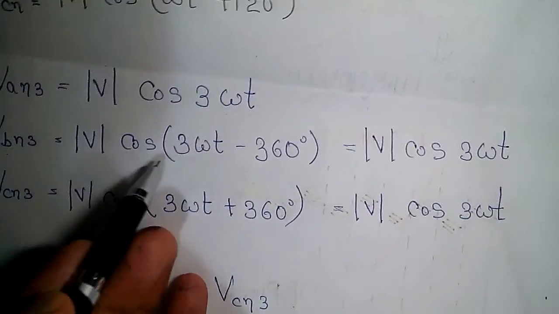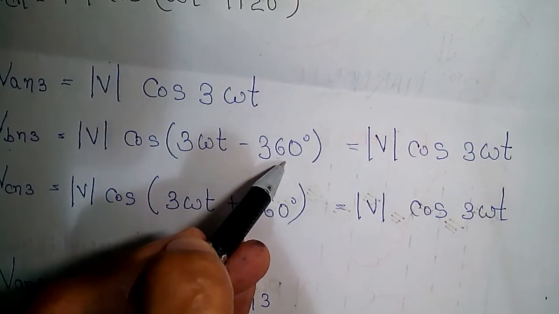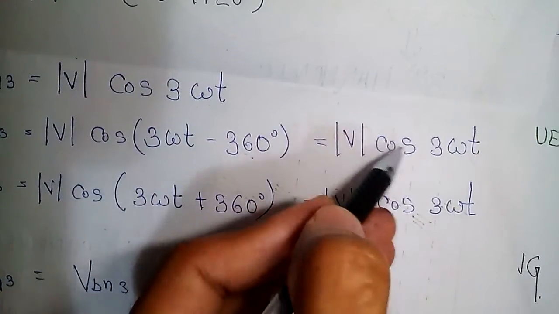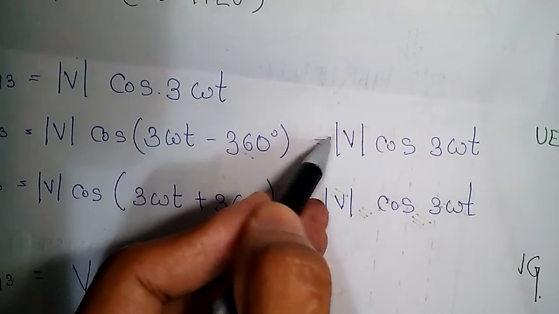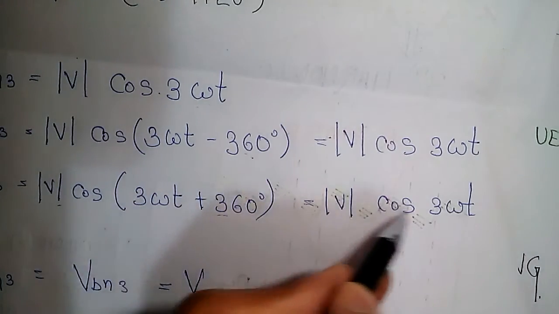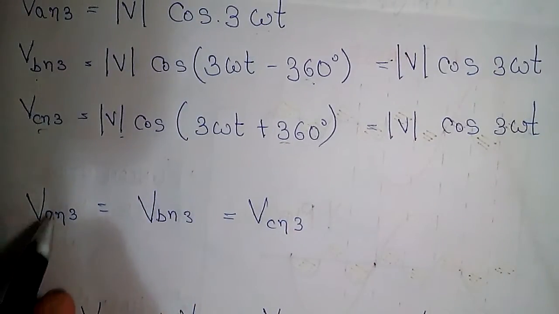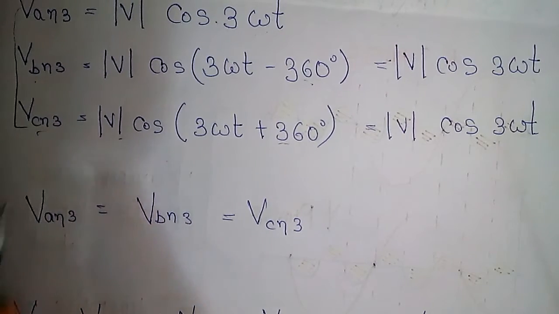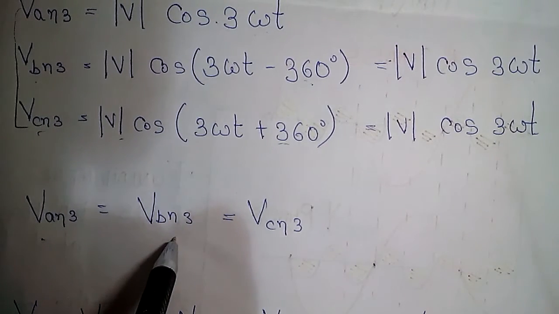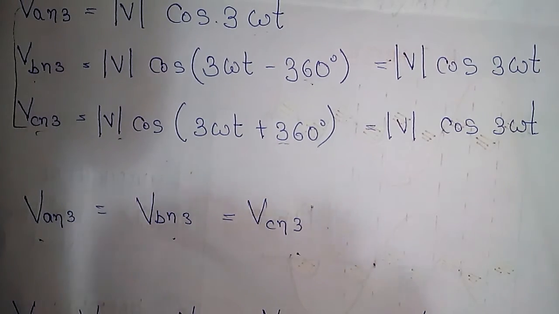V_AN3 will be V cos 3ωt. V_BN3 will be V cos(3ωt − 3×120), that is 360, and I will get V cos 3ωt, similar to V_AN3. V_CN3 will be V cos(3ωt + 360), that is V cos 3ωt.